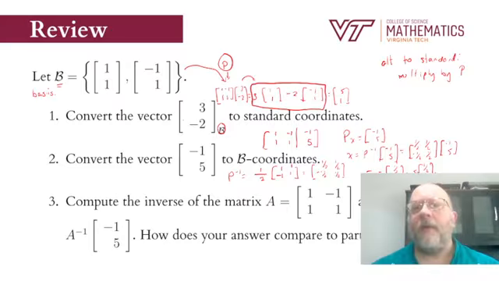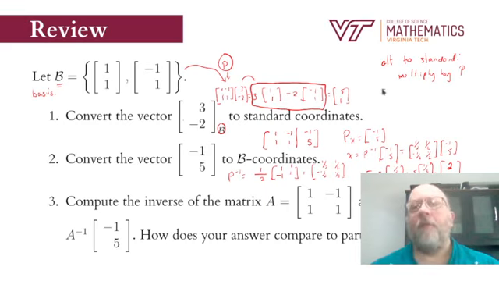And so we get negative 1/2 plus 5/2 is 4/2, which is 2. And positive 1/2 plus 5/2 is 3. And so the answer we get is that in B coordinates, this is the vector (2, 3). In other words, if I take 2 of these vectors and 3 of these vectors, that adds up to (-1, 5), and that checks.